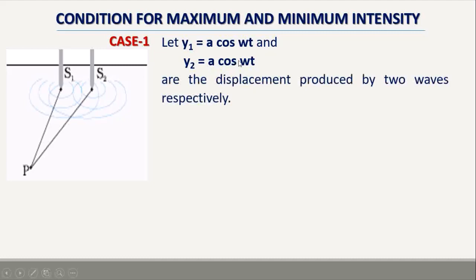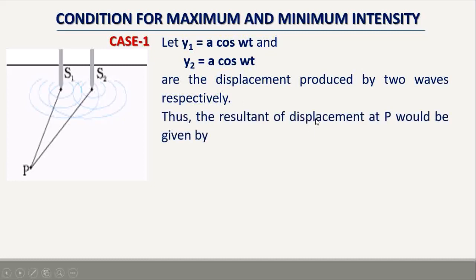So both are the displacements produced by S1 and S2. Then according to the superposition principle, the resultant displacement at point P is equal to the sum of the displacements produced by the individual waves. So the resultant displacement Y equals Y1 plus Y2.